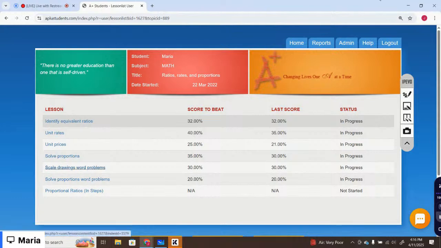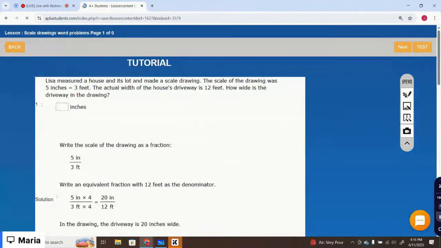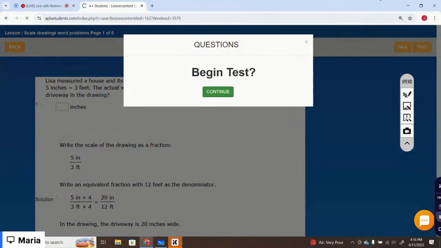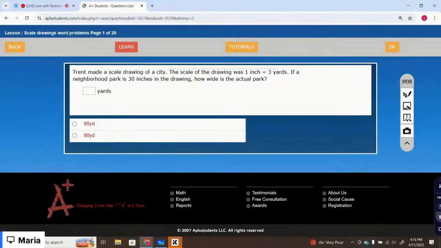The next lesson is scale drawings with problems. Let's just start with the test questions. A friend made a scale drawing of a city.